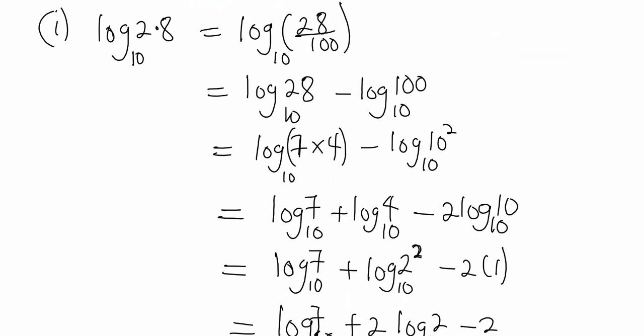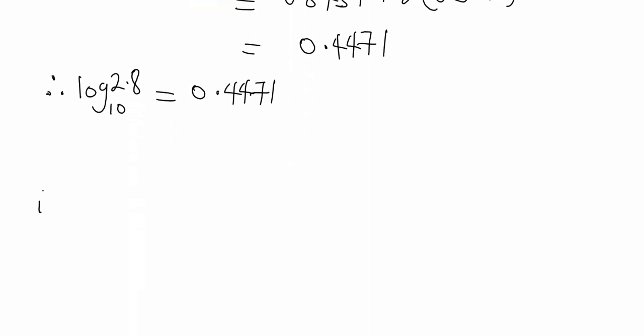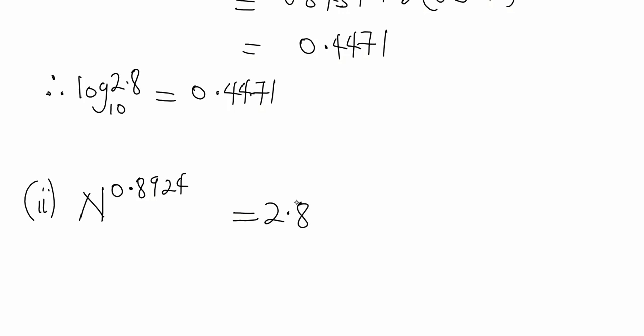Now let's get started with that. The second question said we should find n if n has an exponent of 0.8924, which is equal to 2.8. Now in solving this, what we can do here is to apply the common logarithm to both sides of the equation.